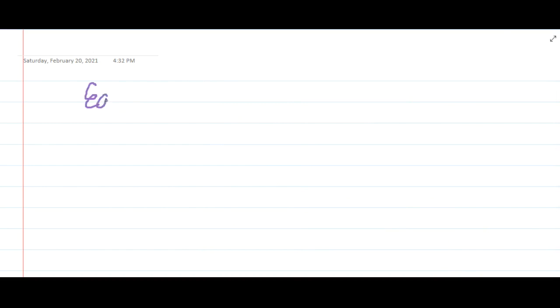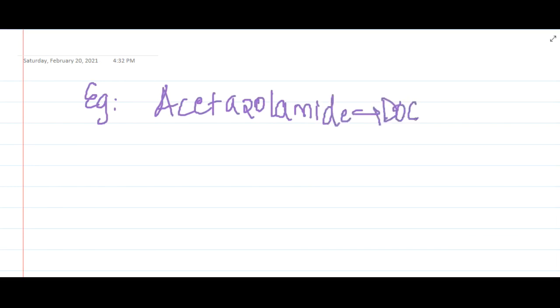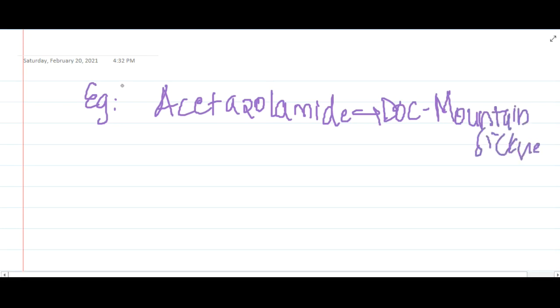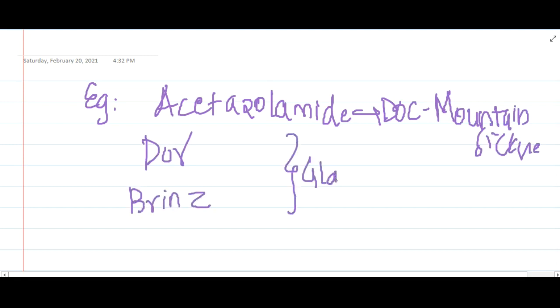What are the examples? Examples of carbonic anhydrase inhibitors are acetazolamide. This is the drug of choice for mountain sickness. Then we have dorzolamide and brinzolamide, which are used in glaucoma.